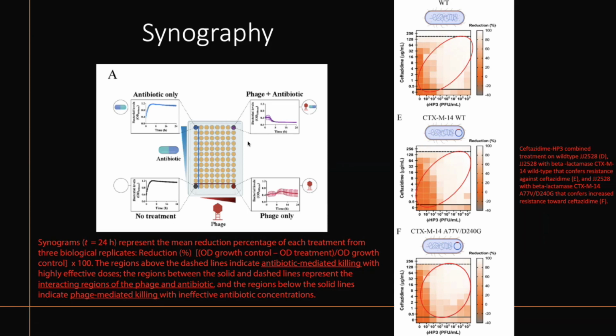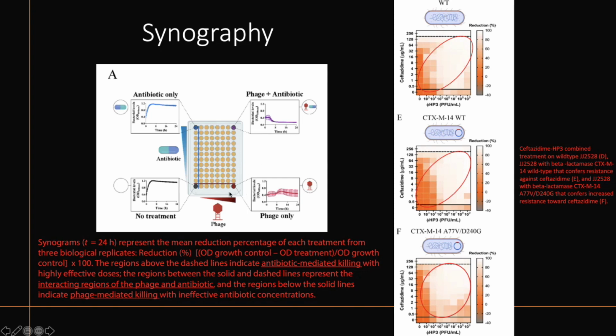And then in the top left corner, you have the antibiotic only effect. Then obviously in the bottom left corner, you have the no treatment effect. And then in the top right corner, you have the phage antibiotic effect. And then in the bottom right corner, you have the phage only effect.